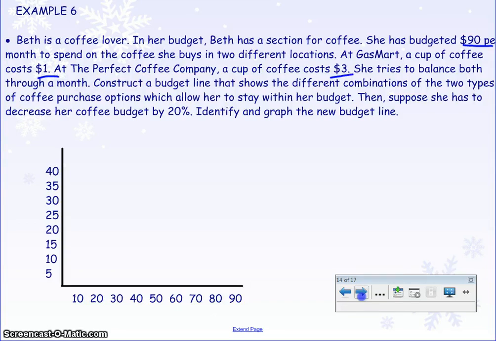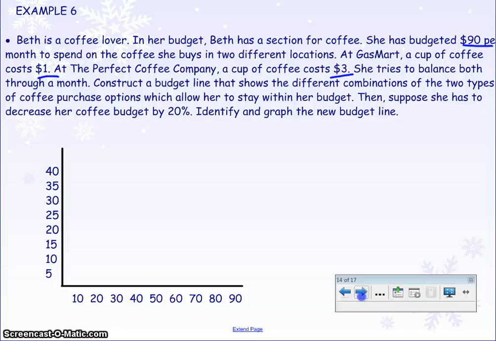She tries to balance both through the month. Construct a budget line graph that shows the different combinations of the 2 types of coffee purchase options, which will allow her to stay within her budget. So let's do that first, and then we'll get on to the second part.